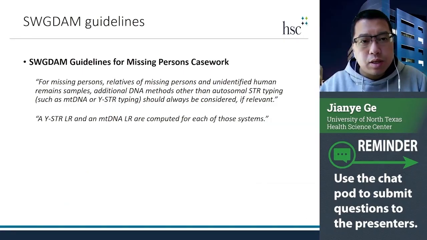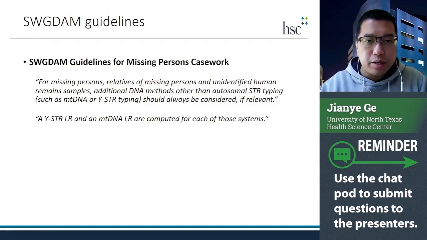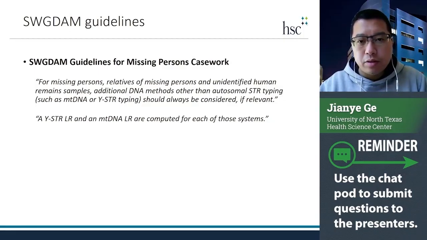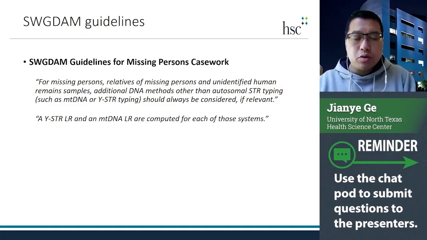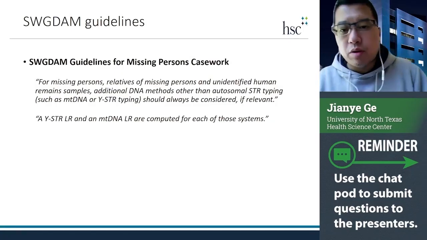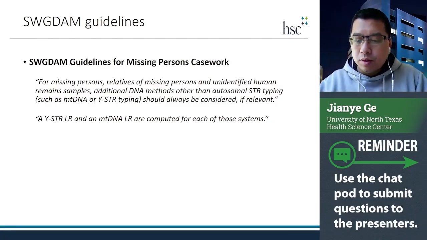The SWGDAM guideline for missing person cases recommends that additional DNA methods other than autosomal STR typing, such as mitochondrial DNA or Y-STR typing, should always be considered if relevant. It also recommends that a Y-STR likelihood ratio and a mitochondrial DNA likelihood ratio are computed for each of those systems.